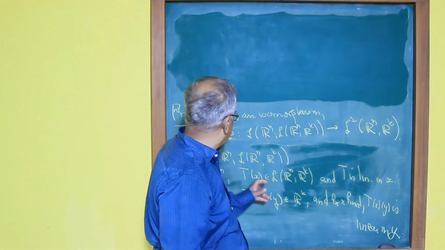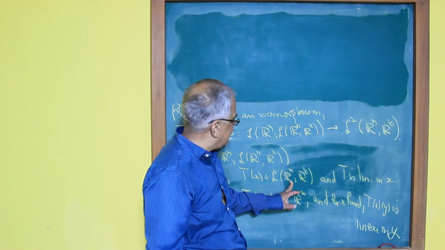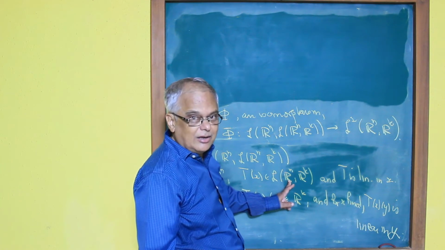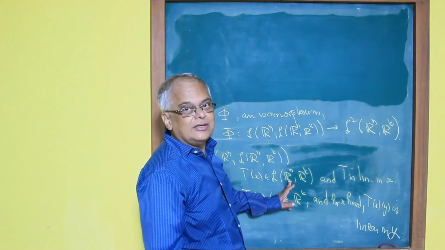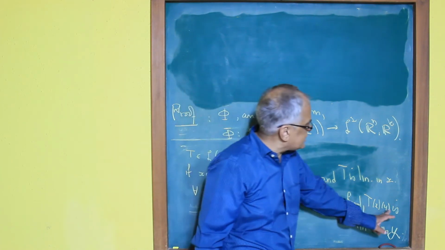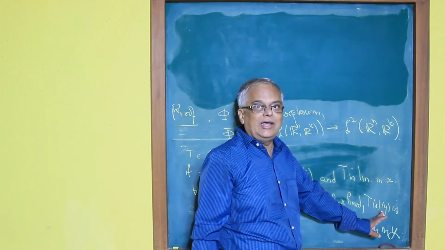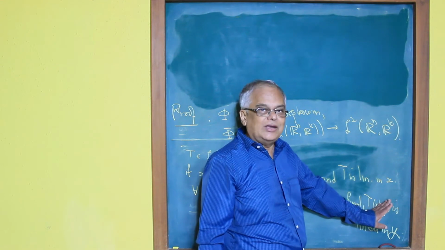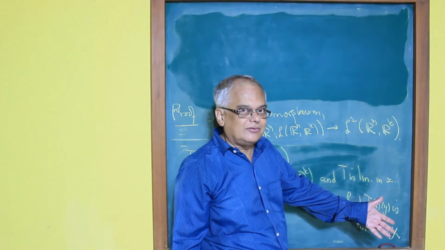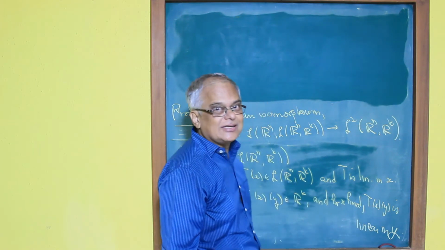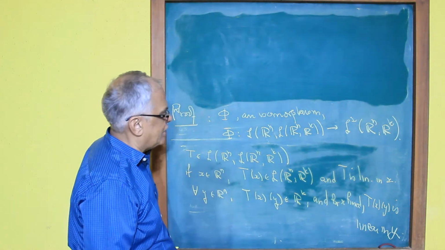So T x y, when x is fixed, is linear in y, and it is also linear in x. Therefore, T itself is a bilinear map in x and y.